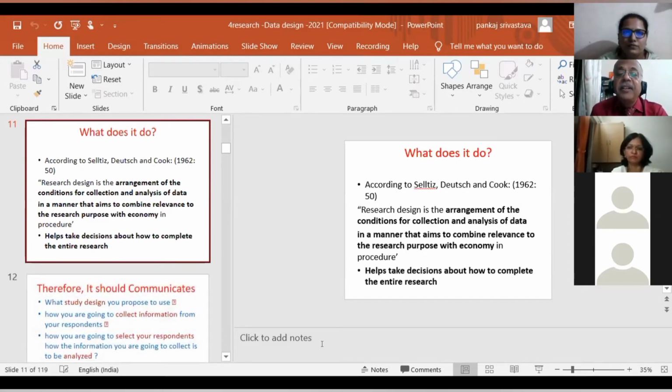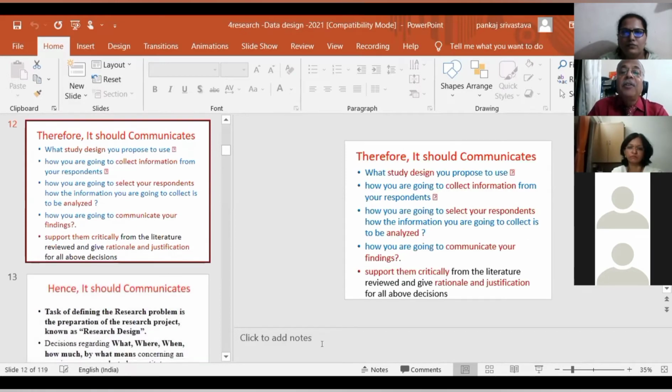Basically, it gives you the direction of how I'm going to do it. Therefore, the research design also gives you information on how you are going to collect the data, how you are going to collect the response, how we are going to communicate. In a nutshell, methodology is divided into parts. One is research design, which gives you the overall approach.